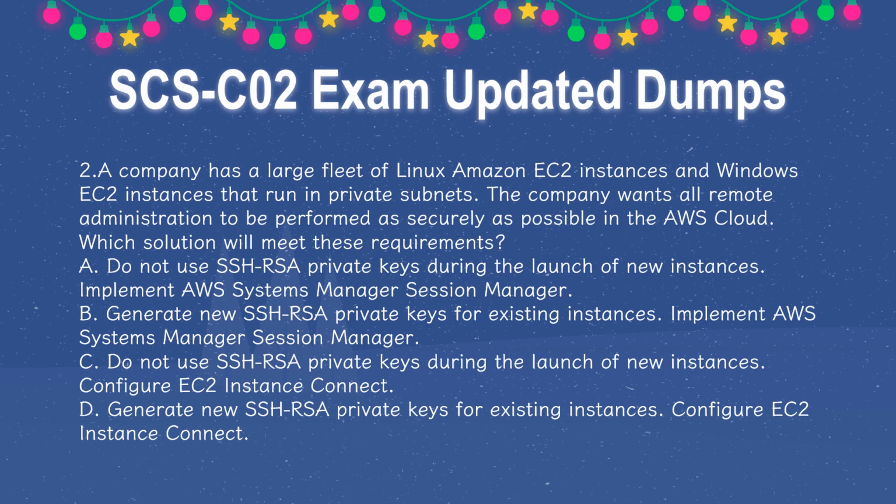B. Generate new SSH RSA private keys for existing instances. Implement AWS Systems Manager Session Manager. C. Do not use SSH RSA private keys during the launch of new instances. Configure EC2 Instance Connect. D. Generate new SSH RSA private keys for existing instances. Configure EC2 Instance Connect.